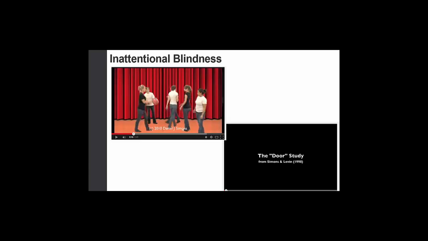And so I want you to think of this as a beneficial aspect of attention. Yes, this particular example of the monkey business illusion highlights that we miss things that are going on, but it also proves the point that we can't attend to everything in our environment. In fact, a lot of times we have to be selective, and in that selectivity, we actually miss a lot of the things that are happening in the environment.